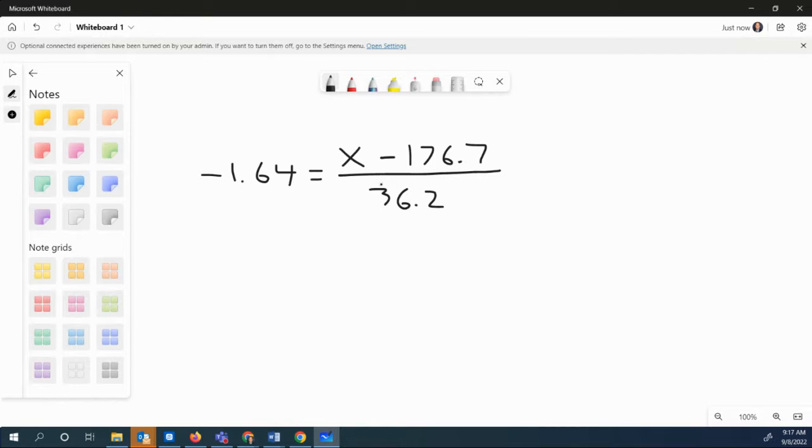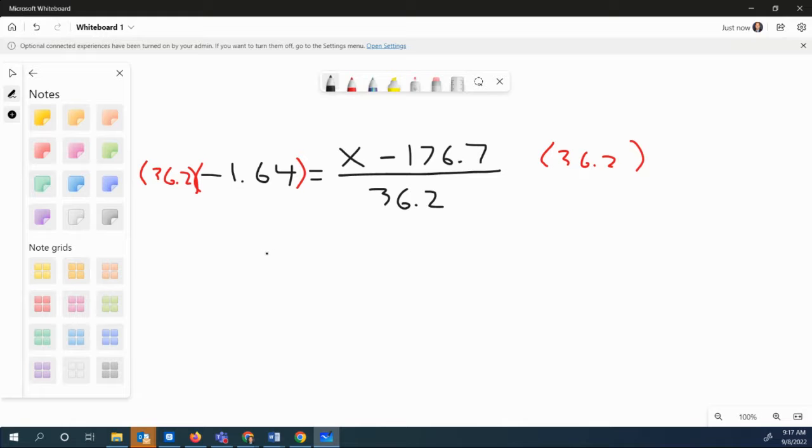Yes, so you would multiply your negative 1.64 by 36.2. Good. Can you do that on your calculator, quick? So take 36.2 times negative 1.64, and what do you get?